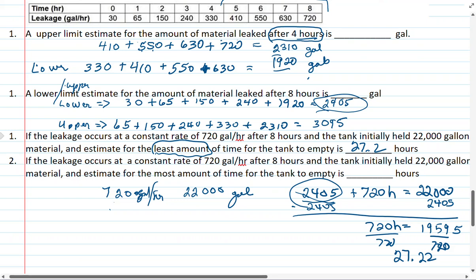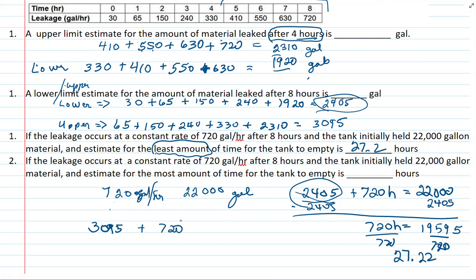And the larger would be our larger number, because this is our average, times this many hours to get the 22,000 loss.